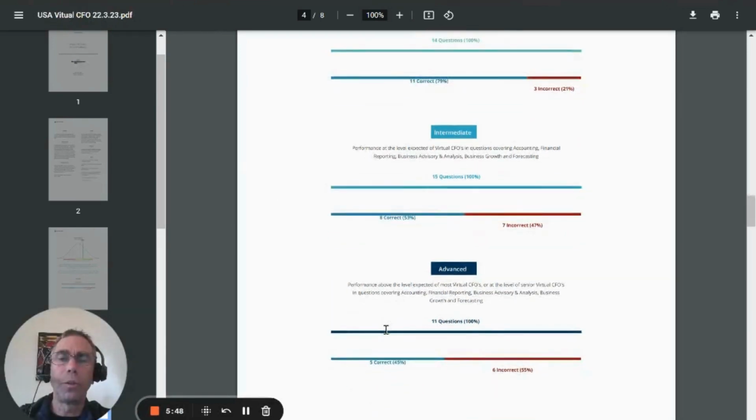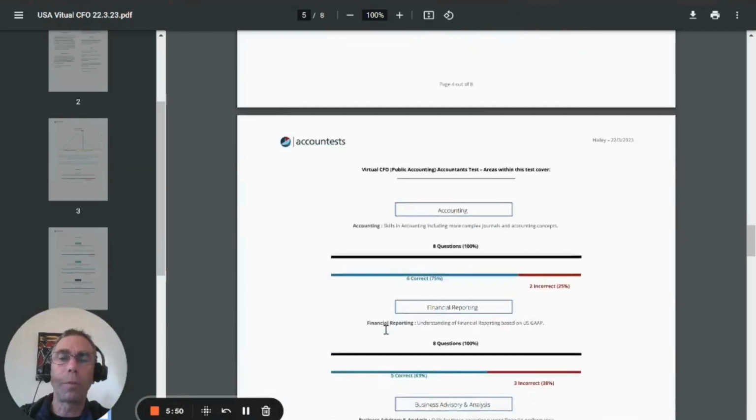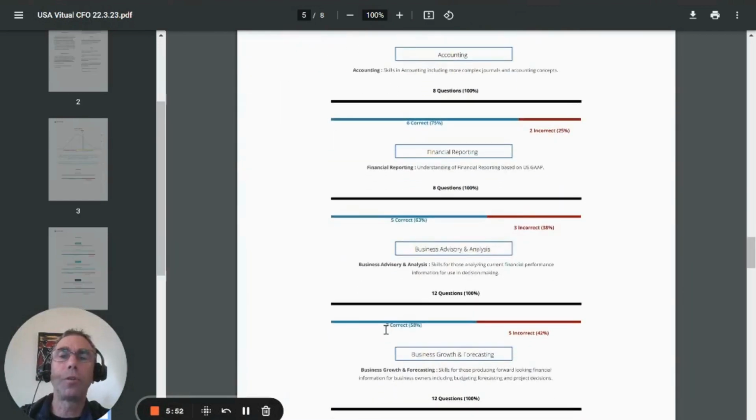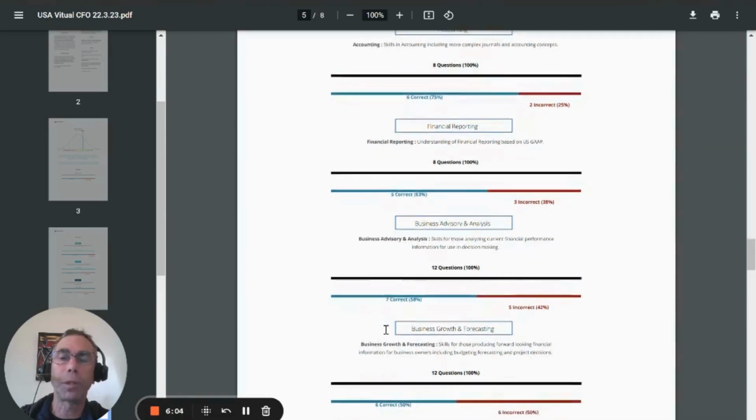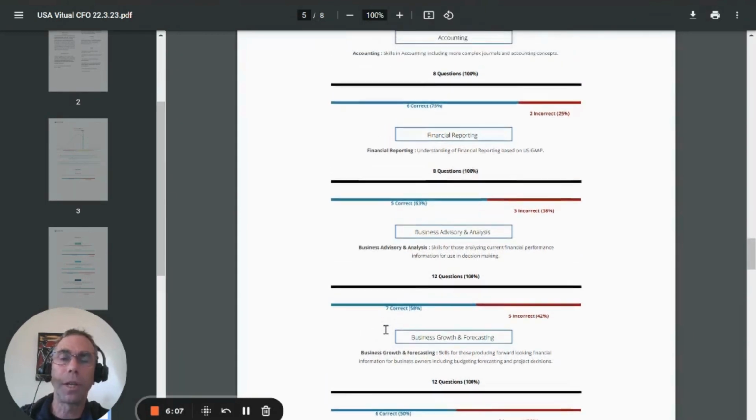If we skip back to the other report, go through to the next page. On the next page, you get a slice and dice by the different areas that the test covers. In this case, this virtual CFO test covers accounting, financial reporting, business advisory, and forecasting.